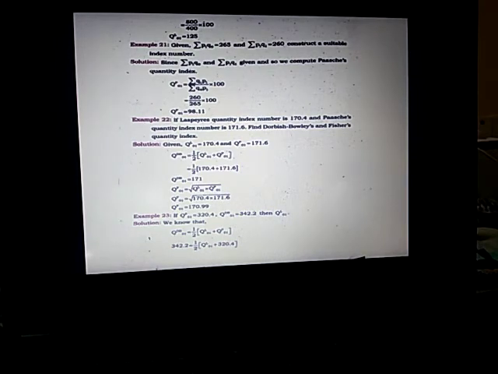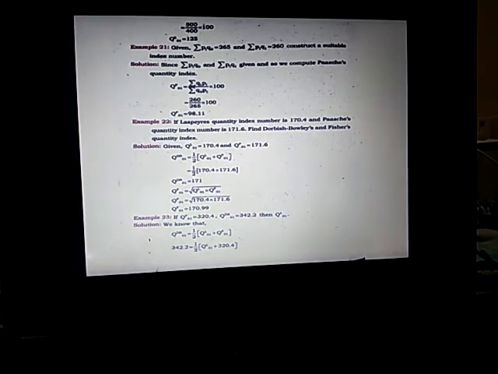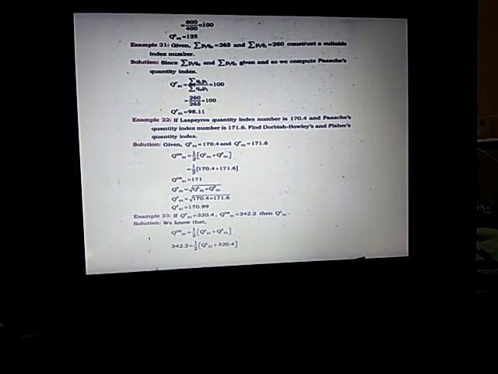The other example: if Paasche's quantity index number is 320.4 and Dorbish-Bowley's quantity index number is 342.2, then find Laspeyres quantity index number. Now Dorbish-Bowley's quantity index number formula is half into Laspeyres quantity index number plus Paasche's quantity index number.